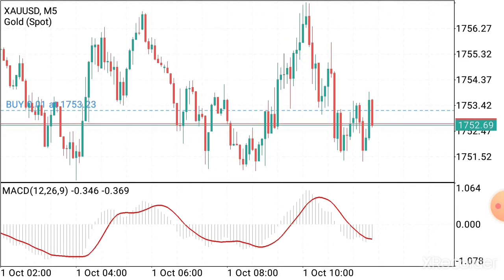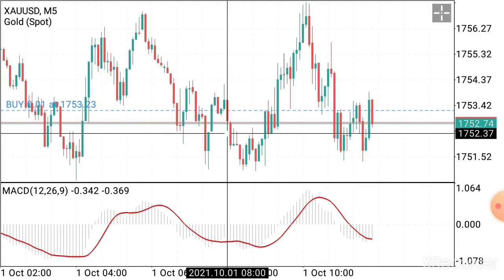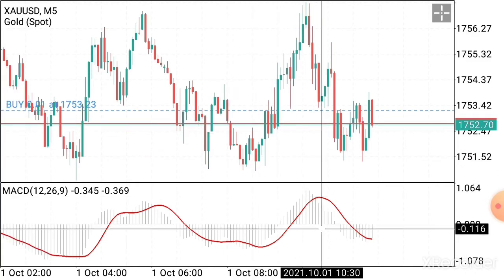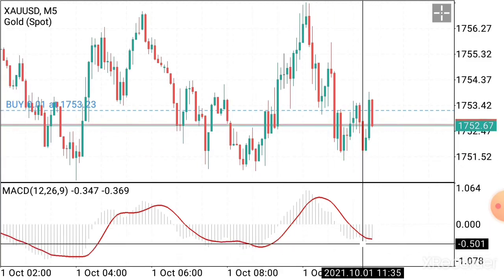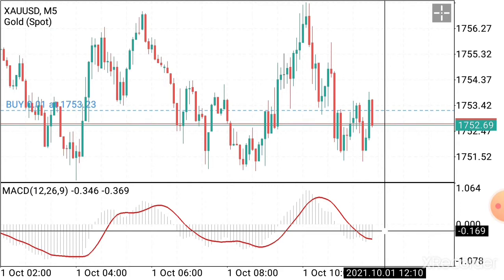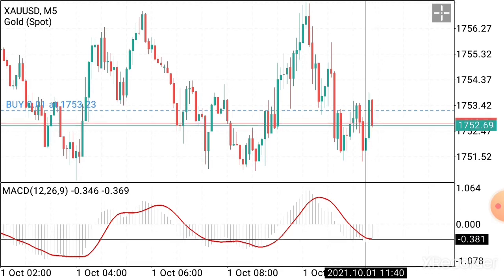In the meantime, what I'm doing is keeping an eye on the MACD itself, and using that as a gauge or a way to possibly get out. So again, I have my take profit 60 pips above, but I don't necessarily want to hit that. That's just there as a guarantee or insurance.